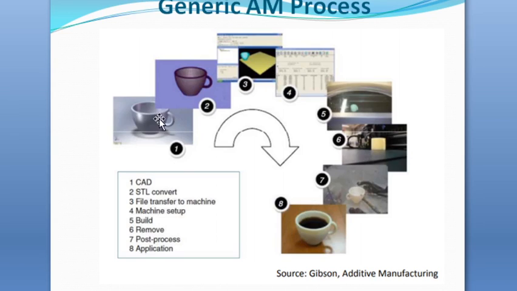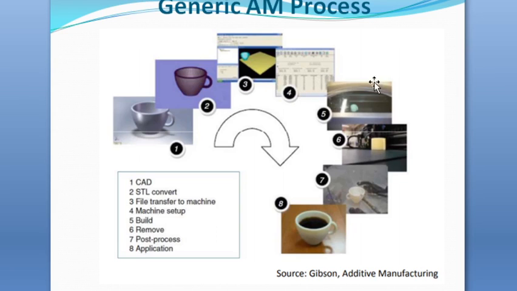First, CAD model generation. It is converted to STL. An STL file has triangular facets, many triangular facets are created in STL file conversion. Then it's sent to the machine. Then machine setup, setting different parameters.